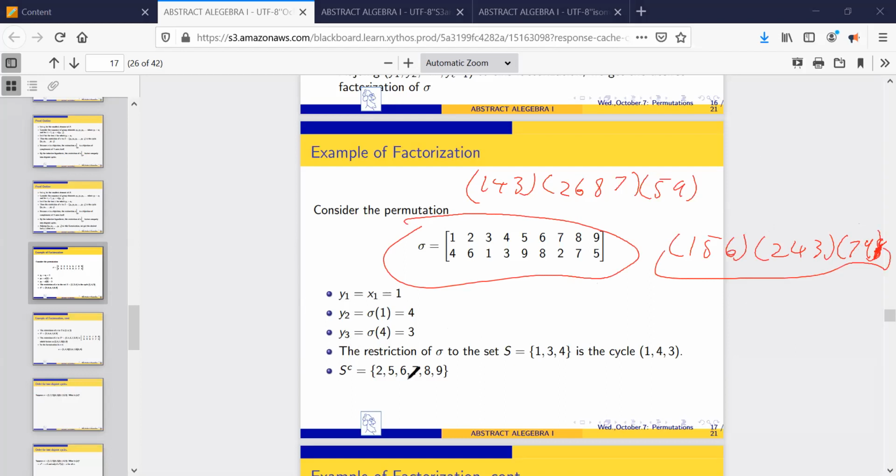Alternate between the two notations. Michael, reconstruct this for me off of this. Michael. Okay.